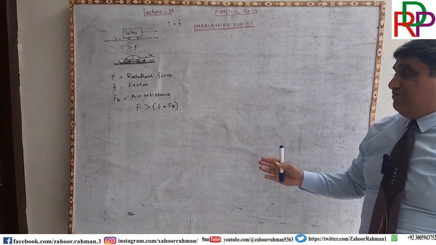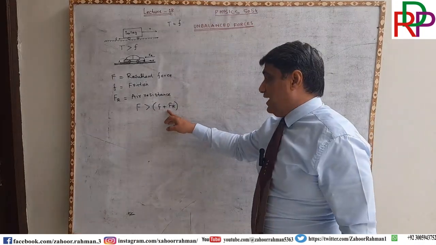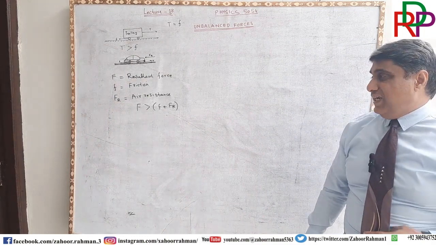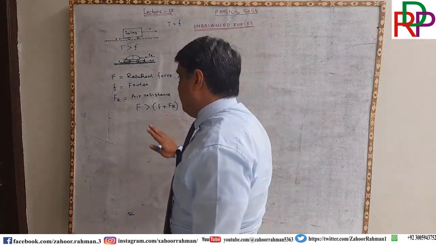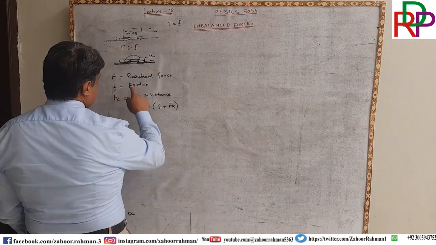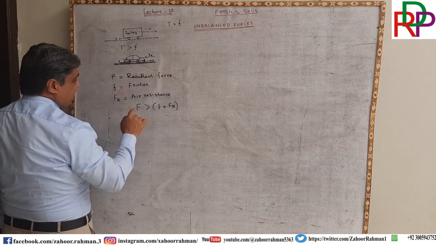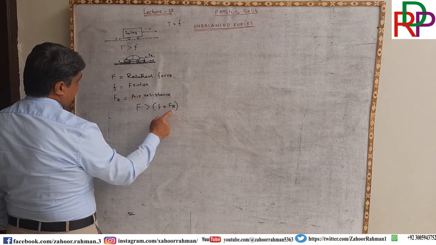If F is smaller than the combined effect of f plus Fr, then it means that it will not move. So in this case, the car will move in the right direction because F is greater than f plus Fr.